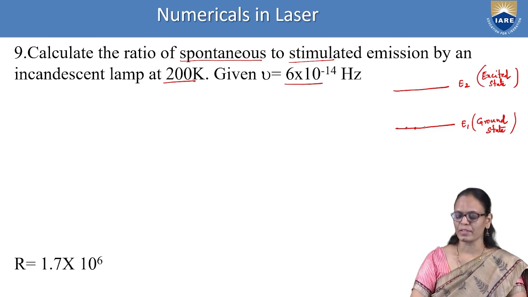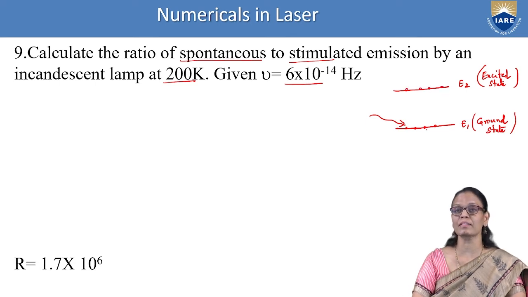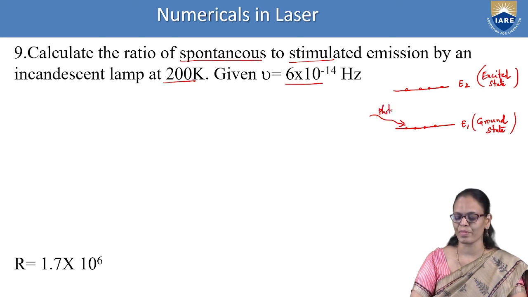When the atoms are in the ground state, we stimulate them with the help of some energy and we send them to the excited state. Means the atoms will make a transition to the excited state by pumping. This is with the help of a photon.